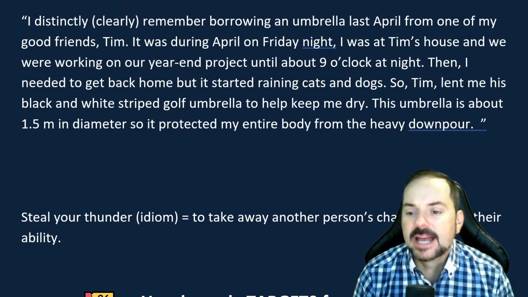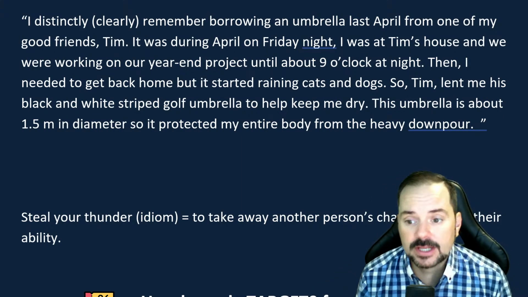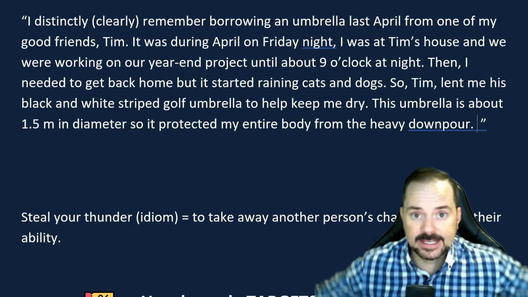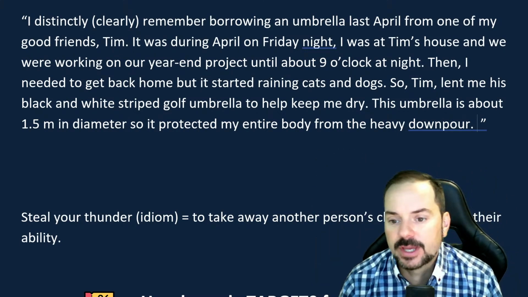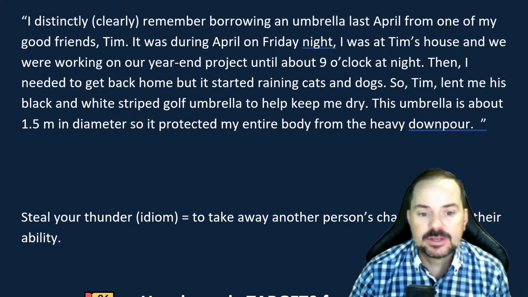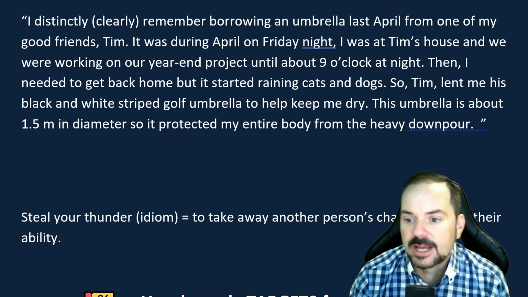Okay, downpour is another way to say a lot of rain. It's called a downpour. Down and then like pouring, like you're pouring a drink or something. Okay, so this umbrella is about 1.5 meters in diameter, so it protected my entire body from the downpour.